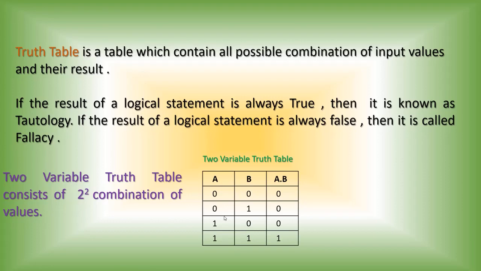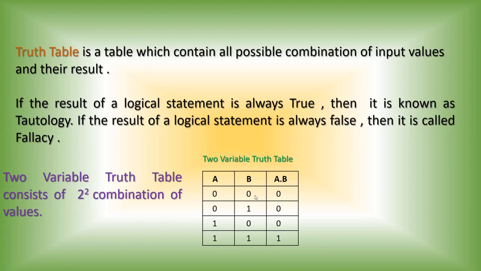In this example, I just wrote A logical AND B, A and B. That is just an example only. But this is the combination of values which we write inside a 2-variable truth table.